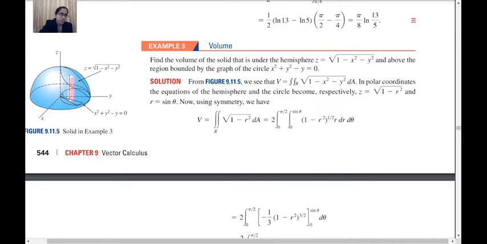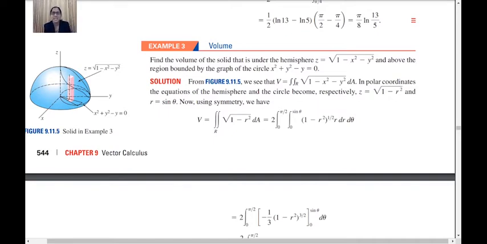This portion is the circle, and the hemisphere is the blue region, z = √(1 − x² − y²). If we extend this part, we need to find the volume of this particular region, which is bounded by the circle and lies under the hemisphere.